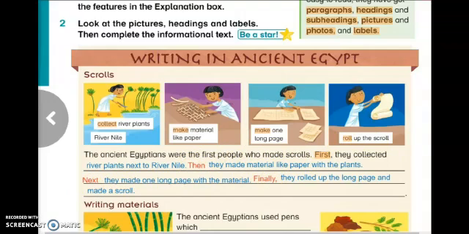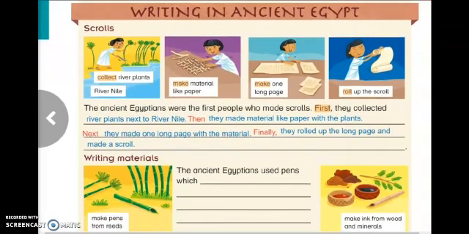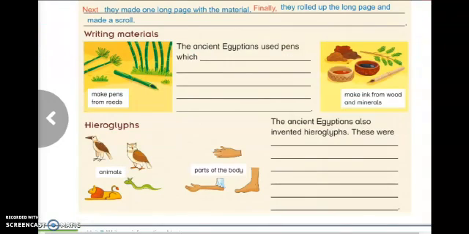Now let's complete the next part of this activity. Here we have another subheading, which is writing material. This is another subheading, and we have to write a paragraph about it by using these labels.